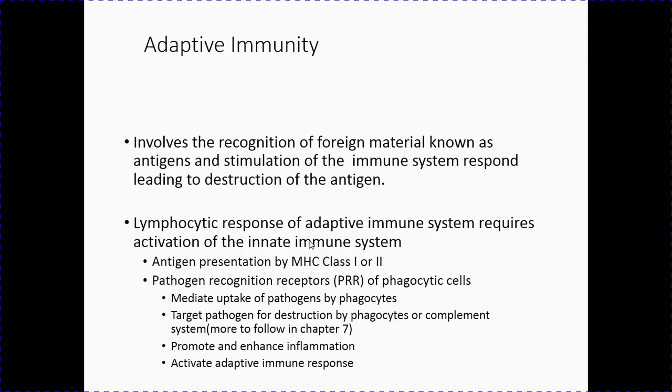And then when we have that recognition by phagocytic cells, a number of actions within the innate system can take place, all of which will lead to activation of the adaptive immune system.